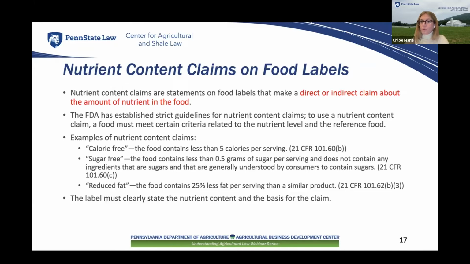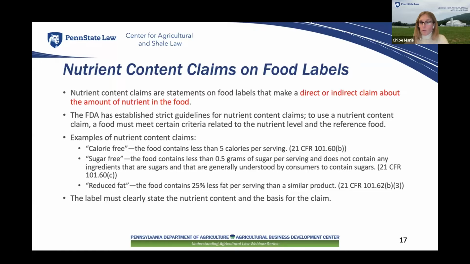Another example, foods can be labeled as sugar-free, no sugar, or any similar statement if the food contains less than 0.5 grams of sugar per label serving, and the food must not contain any ingredients that are sugars and that are generally understood by consumers to contain sugars.